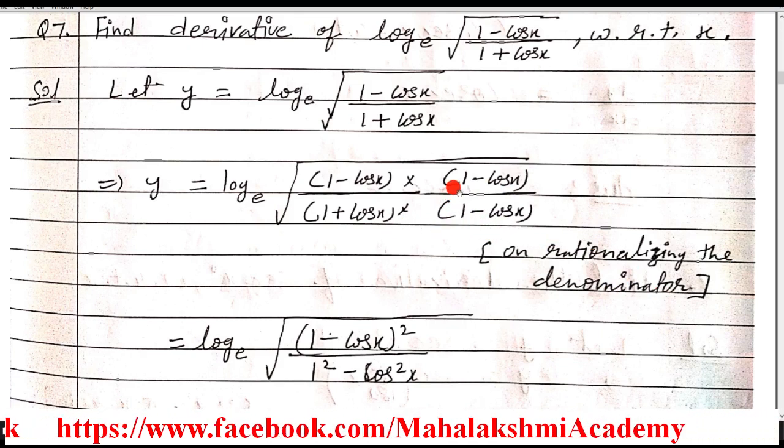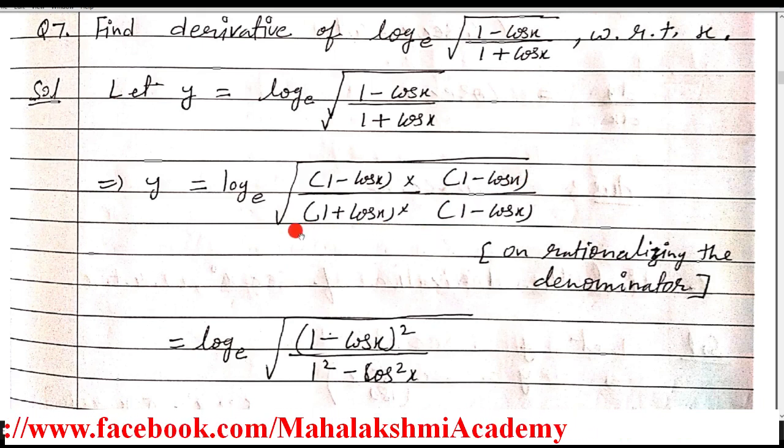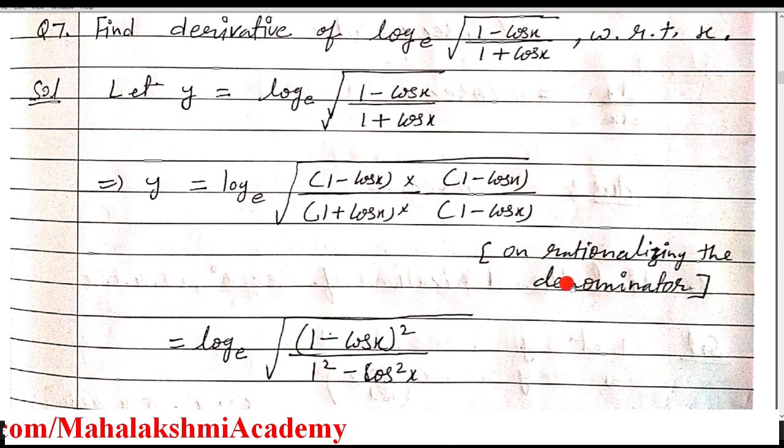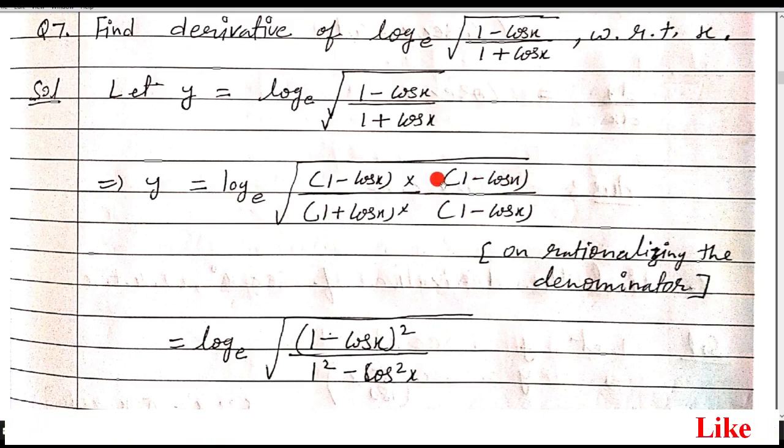So how to select the bracket to rationalize? Whatever the denominator is, because we are rationalizing the denominator, just reverse the denominator's middle symbol. If it is positive, change it to negative, and then multiply both the numerator as well as the denominator. Now when we do this, carefully observe the numerator.